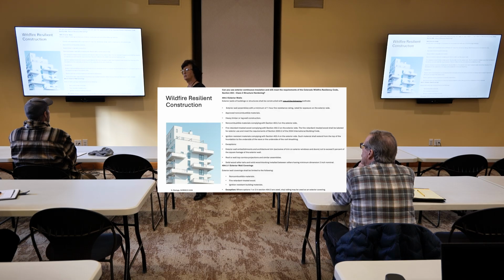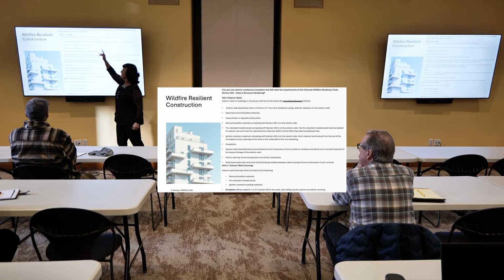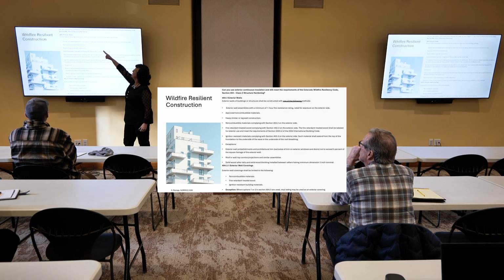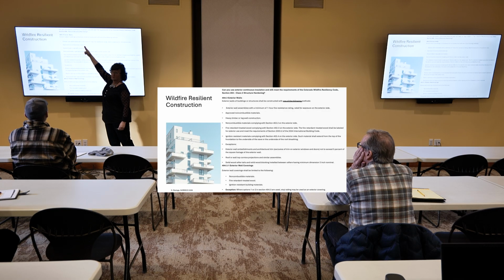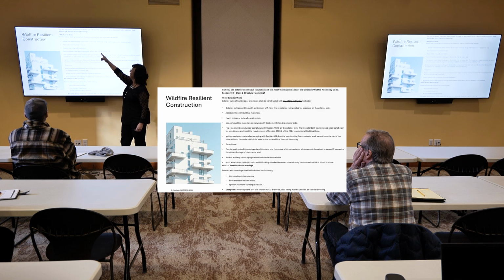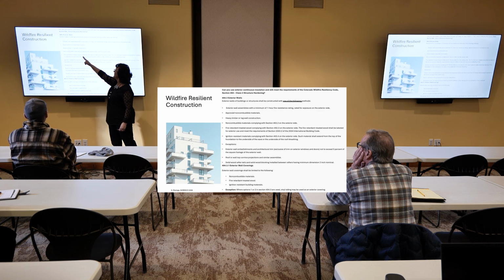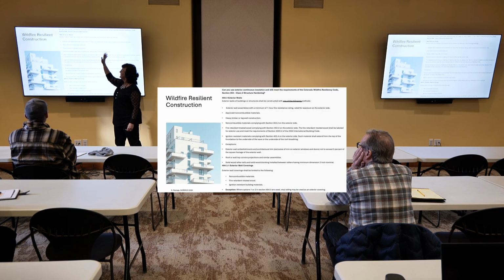So they say you can either do an exterior wall assembly with a minimum 1 hour fire resistance rating from the outside exposure, approved non-combustible materials, heavy timber or log wall, non-combustible materials complying with 4022 from the exterior side, fire retardant treated wood, ignition resistant, except, and then it gives you some exceptions.